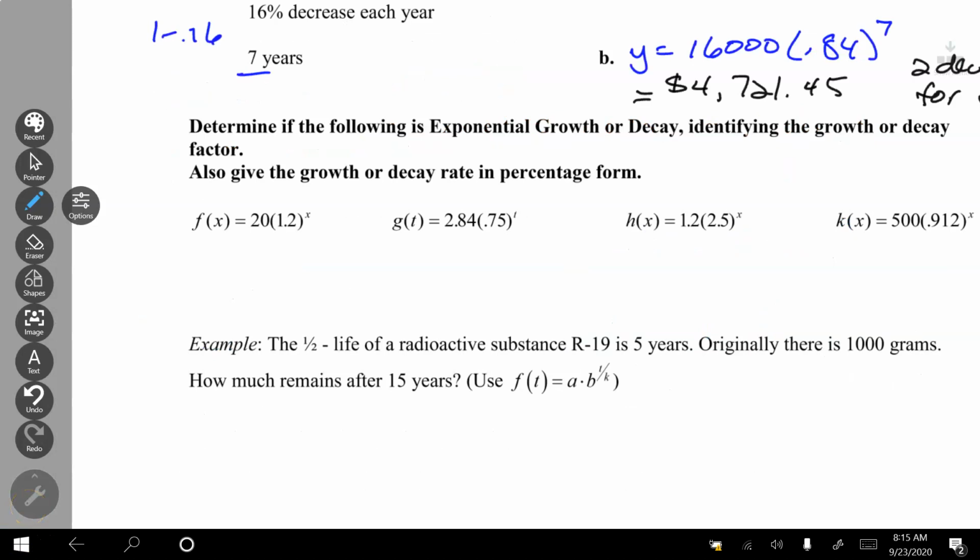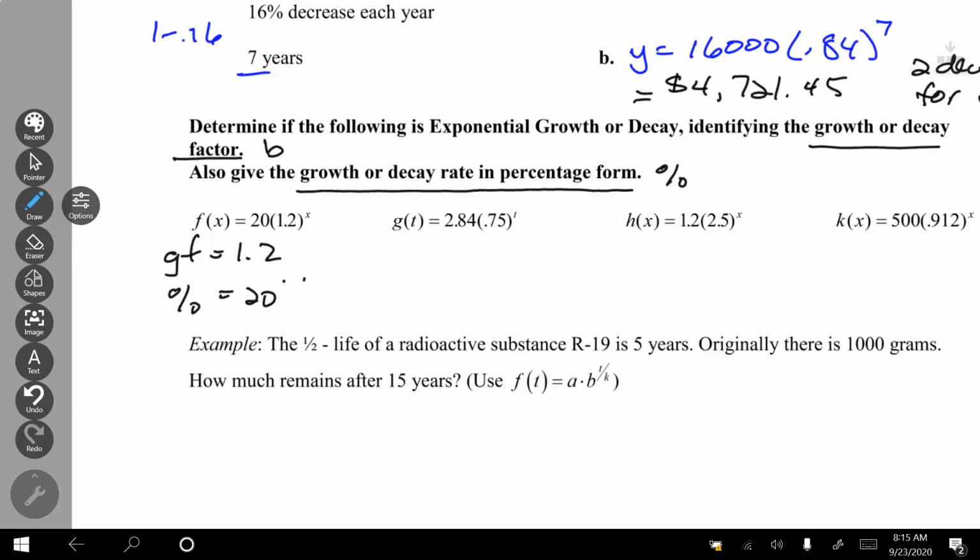So I need to identify either the growth or decay factor, which is the B value, and the growth or decay percent. So this one, my growth factor is 1.2, but my percent is 20%. This next one, my decay factor is 0.75 because it's less than 1, but my percent is 25% because it's 25 cents less than a dollar.